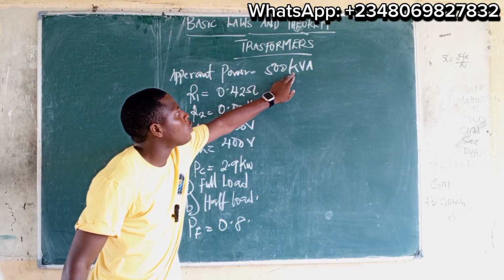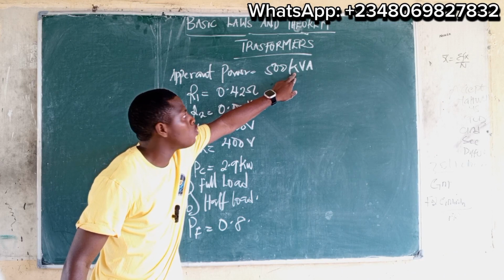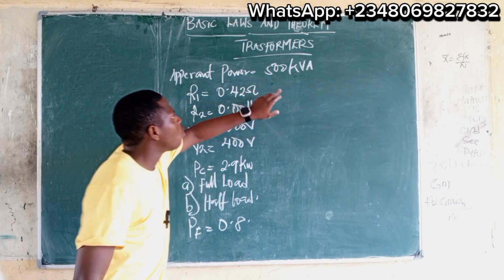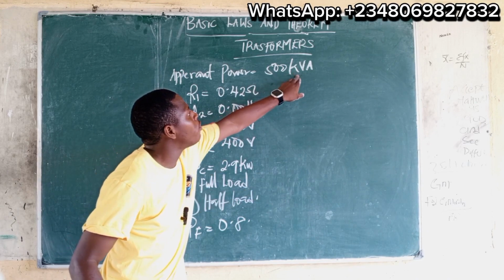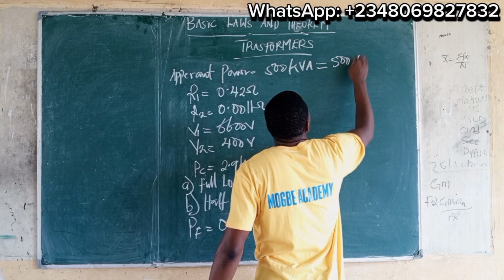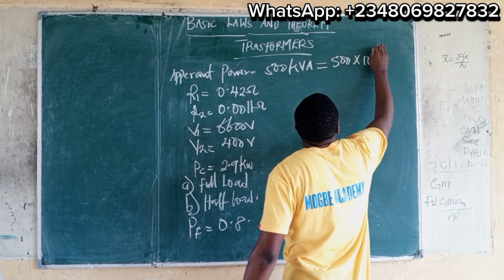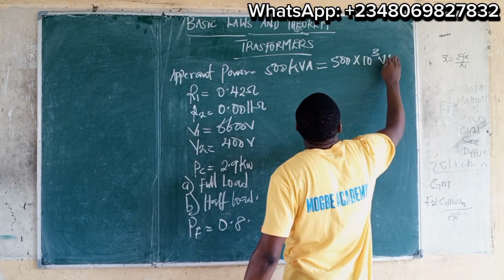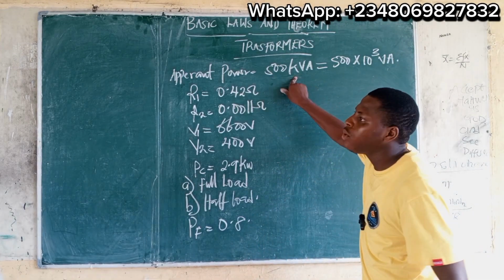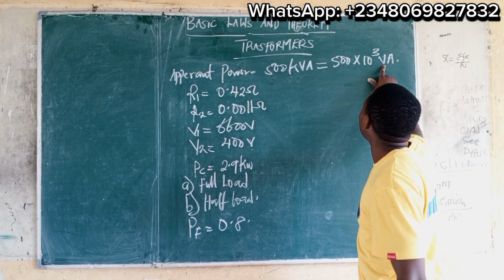So let's convert this from kilo to normal volt-amperes: 500 times 10 raised to the power of 3 VA. So we removed the kilo, and our unit is volt-ampere.